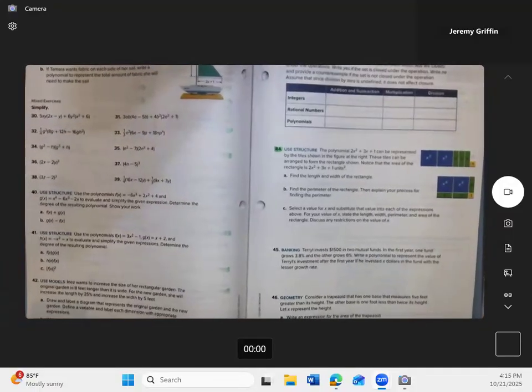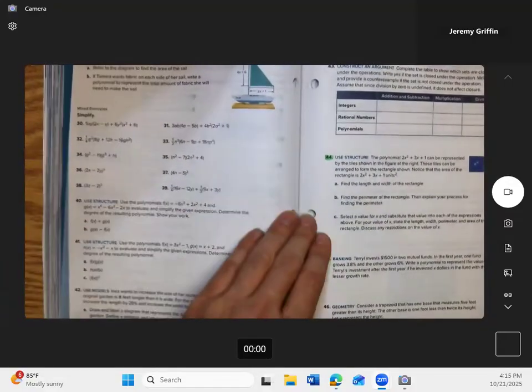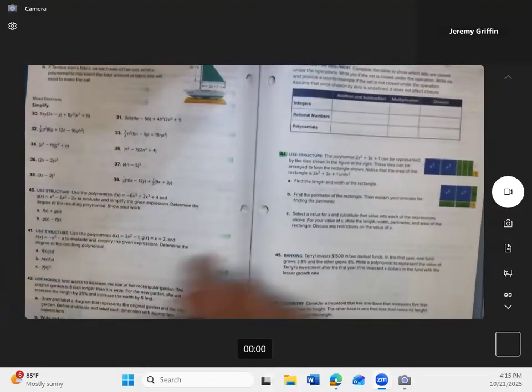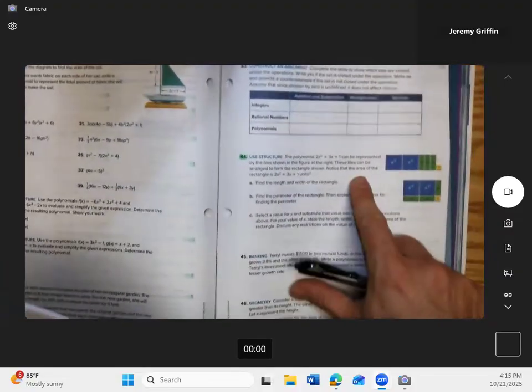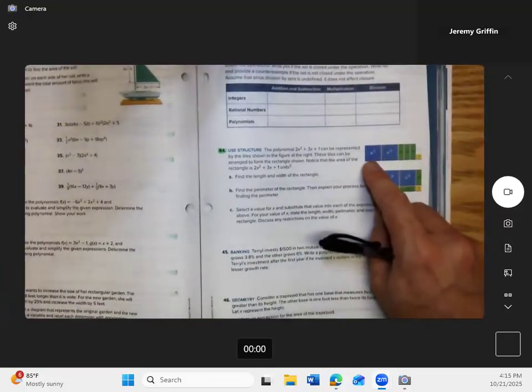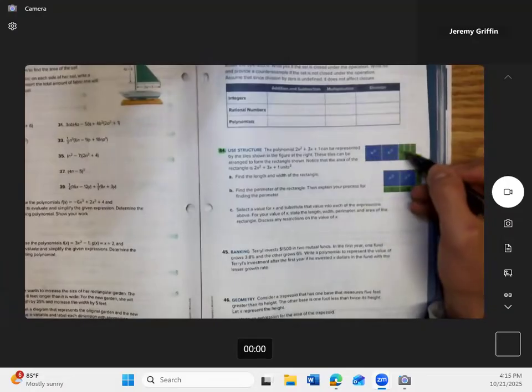Okay. Yeah, it looked like some of these examples were fairly similar to what we did. But 44 I thought was interesting because it's a different way to think about polynomials as like areas. Right? X is blue squared, that's like x squared, which should be base is x and the height is x. So it's x times x, hence x squared. And this one's the same thing. This green rectangle might be a base of 1 and a height of x.